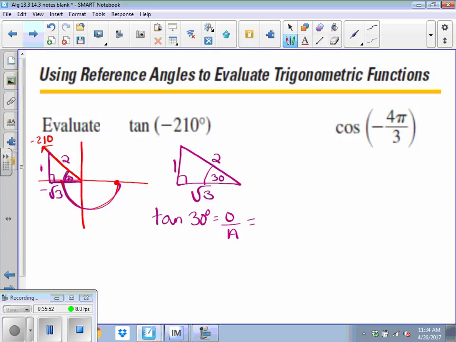So opposite is 1, adjacent was negative square root of 3. Opposite is 1 over negative square root of 3. So we have to fix it. Multiply the top and bottom by square root of 3.